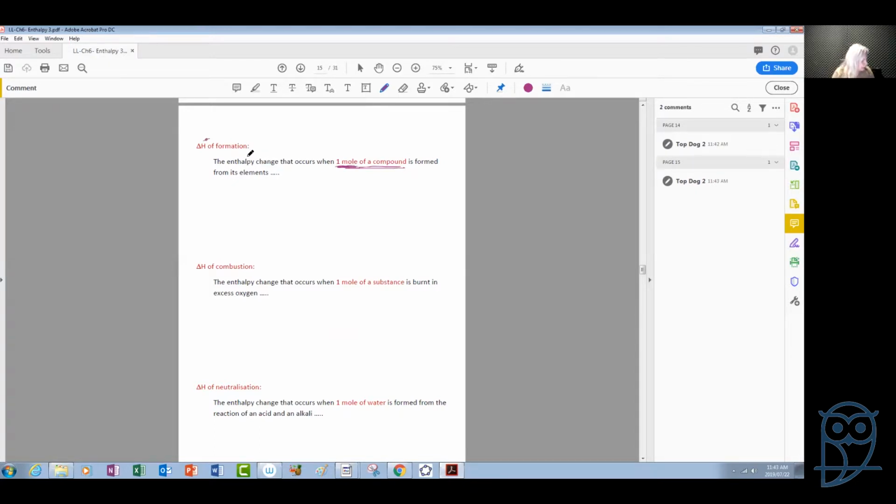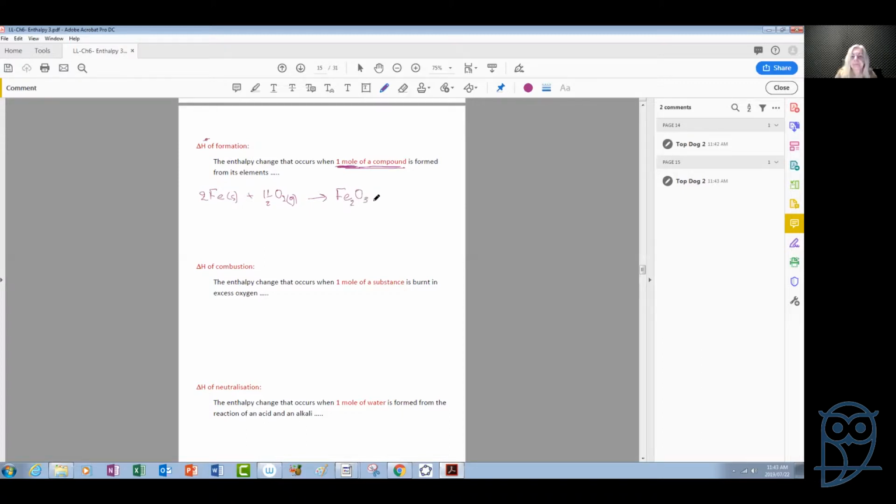So for formation, for example, I'm looking at your book now, standard enthalpy change of formation. They have a number of examples here. For example, let's look at this reaction. We have iron metal reacting with 1.5 oxygen gas to produce iron oxide of this type.